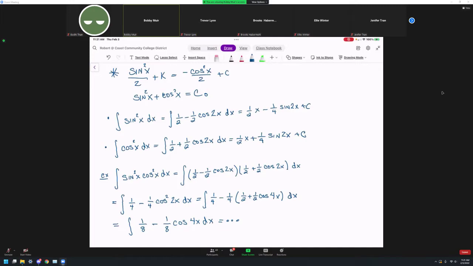All right. So the story there is that we got a bunch of manipulation to do. Now I would never ask you something like sine to the 4th times cosine to the 4th, but it doesn't mean you shouldn't search those problems out.